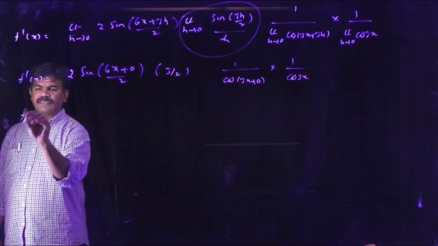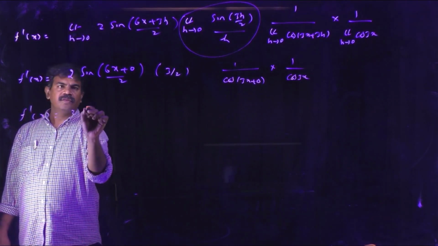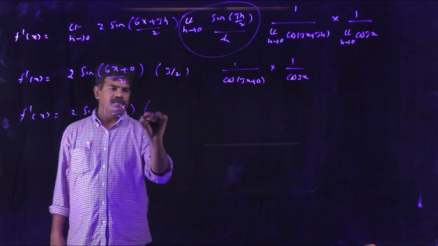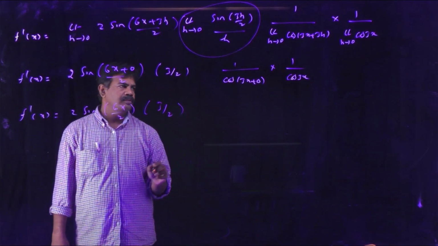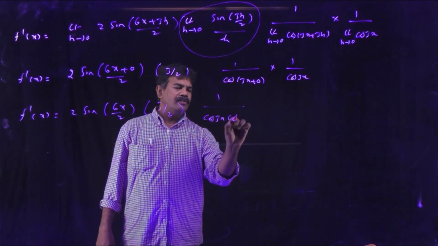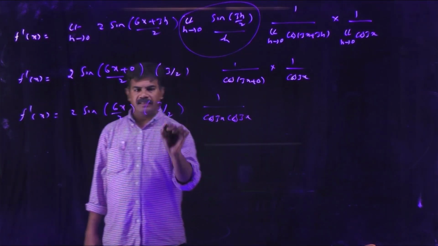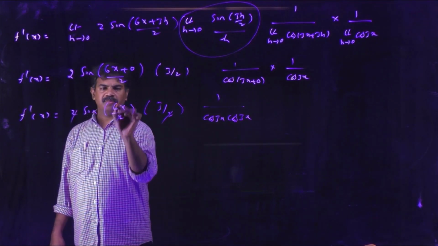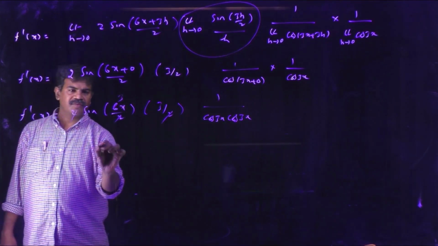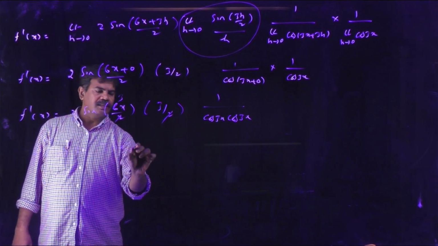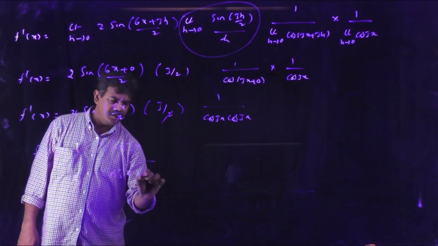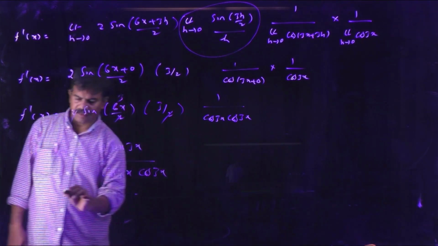So f dash x is equal to 2 sin of 6x by 2 into 3 by 2 into 1 by cos 3x into cos 3x. 2 to cancel. That is f dash x is equal to 3 into sin 3x by cos 3x into cos 3x.